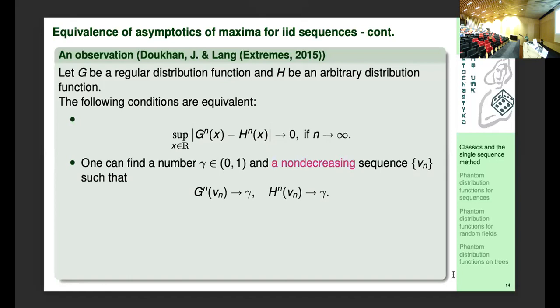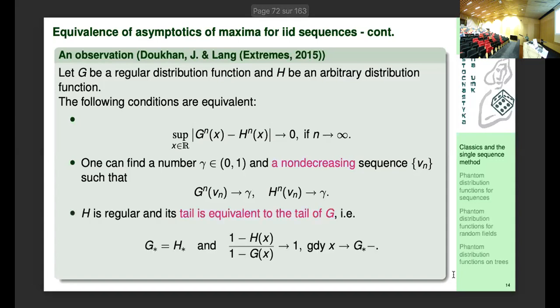So this is related to our previous properties and says, in fact, that already those two facts say the asymptotics of maxima for independent random variables is fully determined by a single sequence, because those two facts are equivalent. And one final statement: this function H must be regular to have such a thing, and its tail is equivalent to the tail of G. We have equivalence of tails.